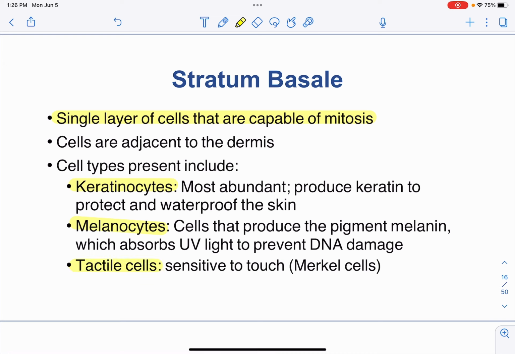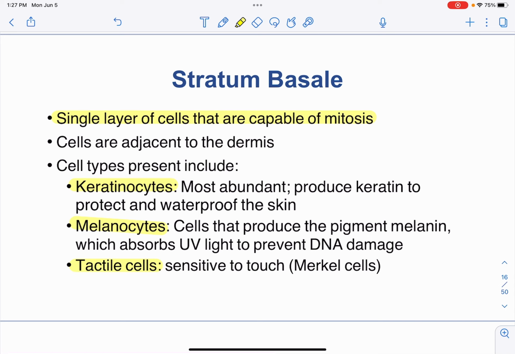Again, the keratinocytes are the most abundant. They are producing keratin to protect and waterproof the skin. The melanocytes are the cell type that produce the pigment melanin, which absorbs UV light to prevent DNA damage. And then the Merkel cells are also in the stratum basale.